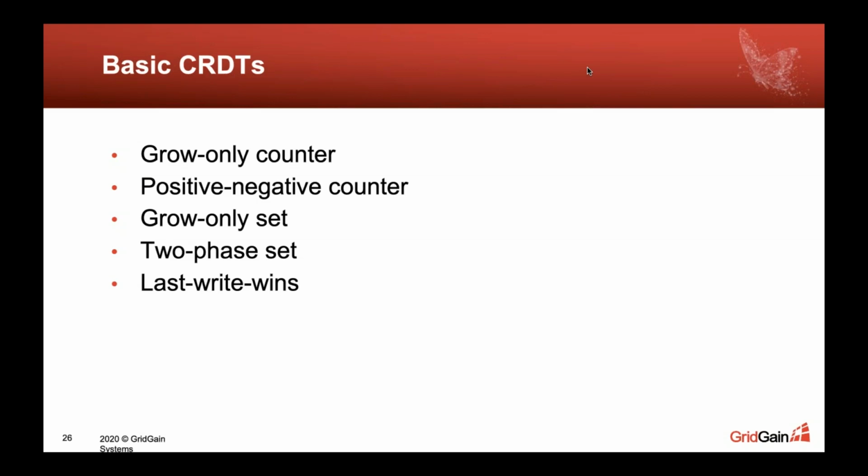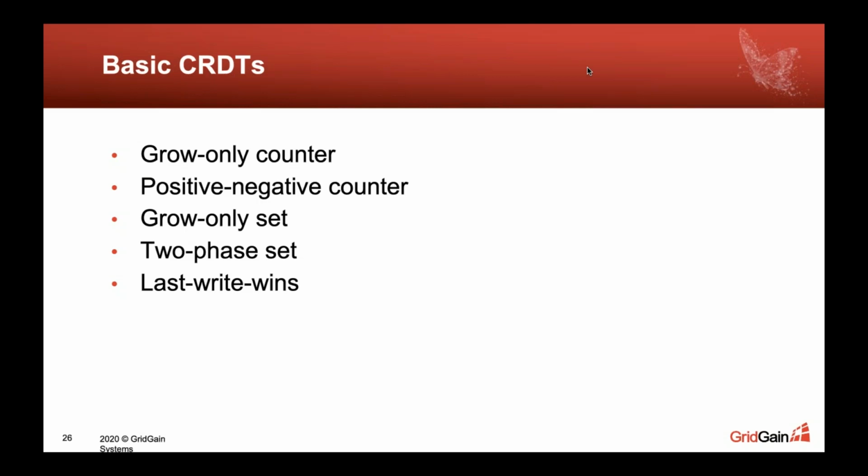I think the last write wins strategy is one of the most popular for conflict resolution, but in our experience, it may be a little dangerous. Last write wins means that you attach a timestamp to your data, and it doesn't matter which kind of data you replicate with CRDT.